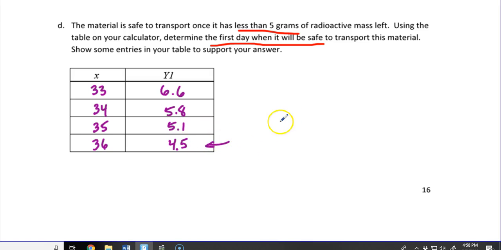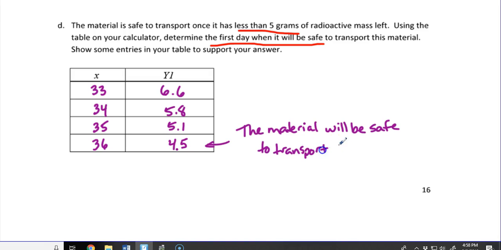So then we can write a little sentence to answer our question. We can say something like, the material will be safe to transport on the 36th day.